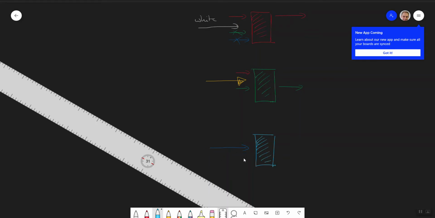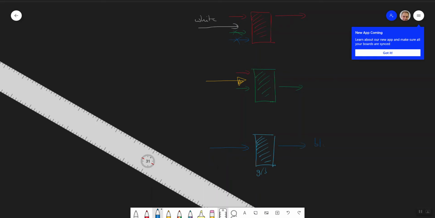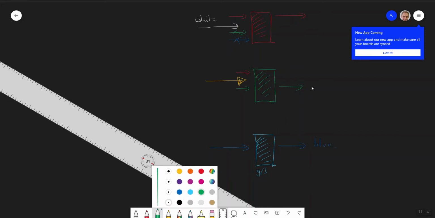Blue light is purely blue. Cyan will let through green or blue, which is nice. So it's going to let through either green or blue. And what that means is that my blue light can happily get through, and I'm going to still see the thing as being blue.